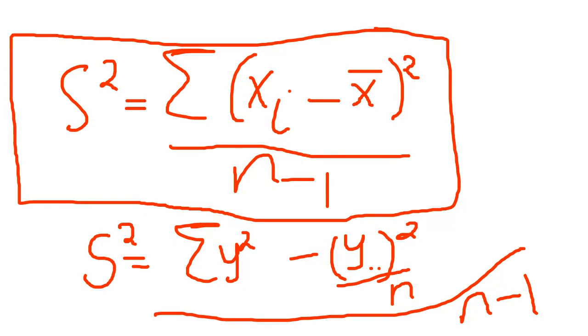So now, can you please explain, Raymond? The sum of yi squared is 2050. Wait, let me write it. He's saying he got 2050. What are you getting, you guys? Yes, and then the sum of yi is 126.